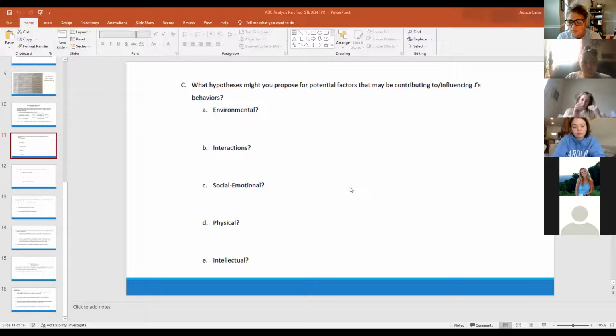And what about intellectual? Think about materials, curriculum, that type of thing. When you think about the intellectual piece, what could possibly be going on?